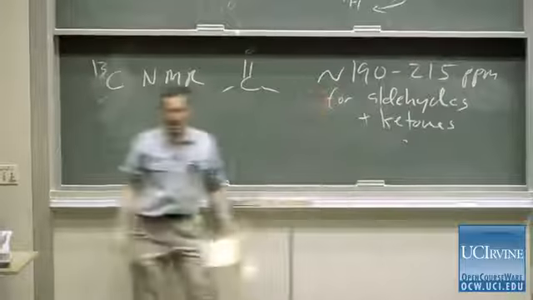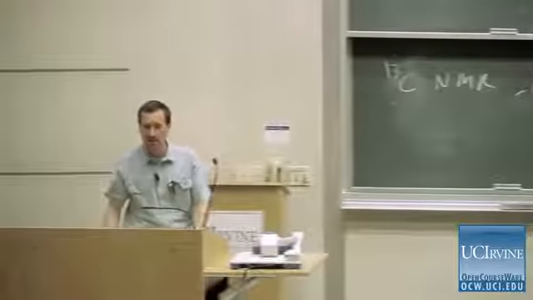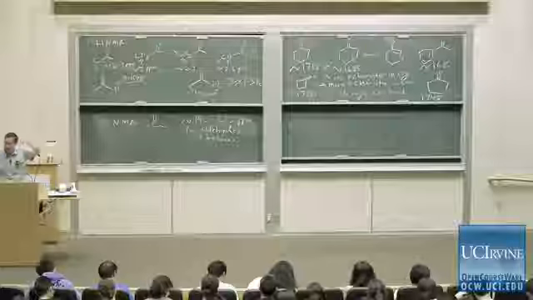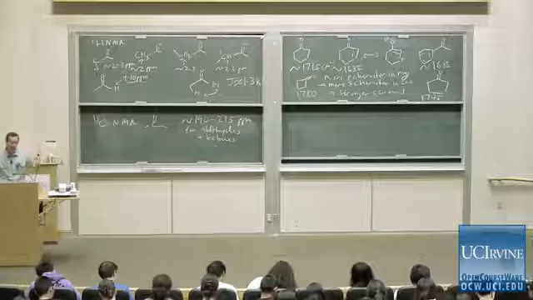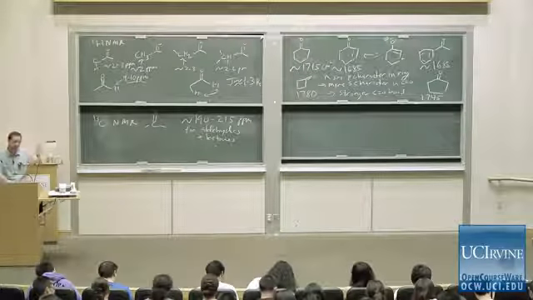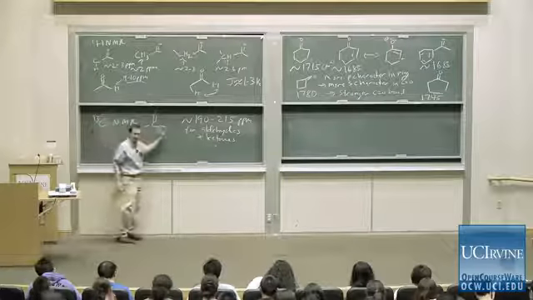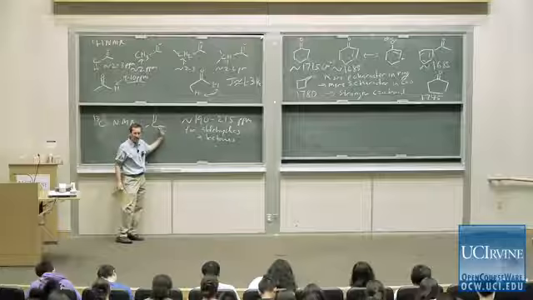The carbonyl of ketones tends to be a little bit more toward the downfield end, a little bit more toward the 210, 215. The carbonyl carbon of aldehydes tends to be a little bit more toward the upfield end, maybe 195 being sort of a typical value for aldehydes.